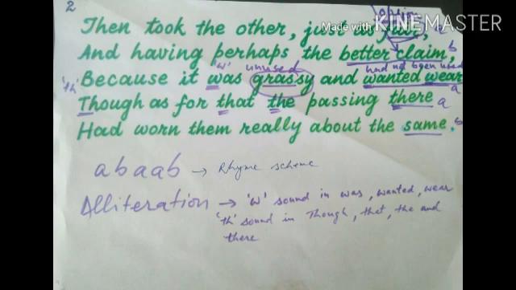What does it mean? It means he finds no difference between the first one and the second one. So, in his views, both the paths were similar. In the same way, in our life also, we find that whatever decision we may take, every decision or path has its own consequences.